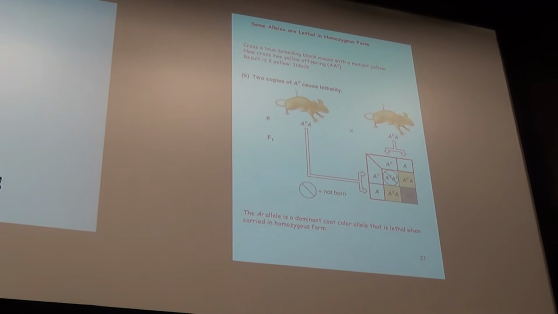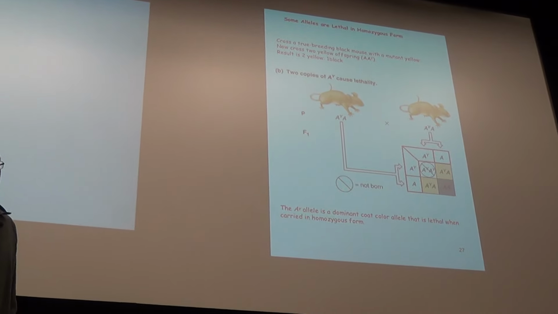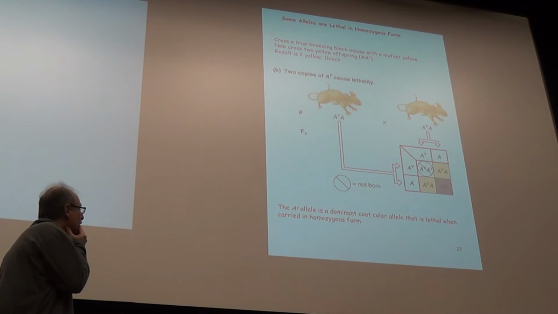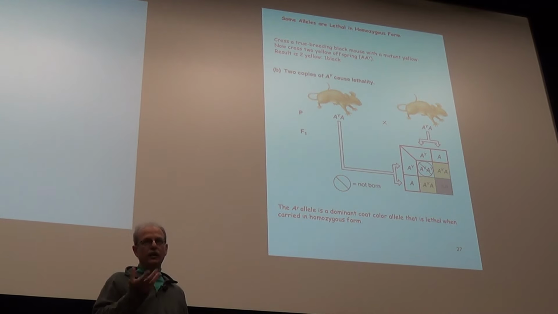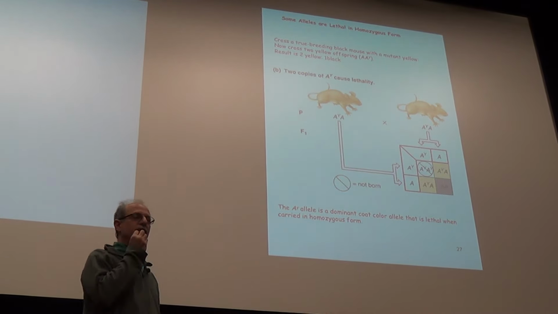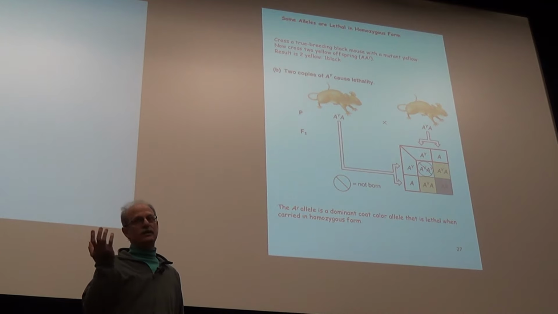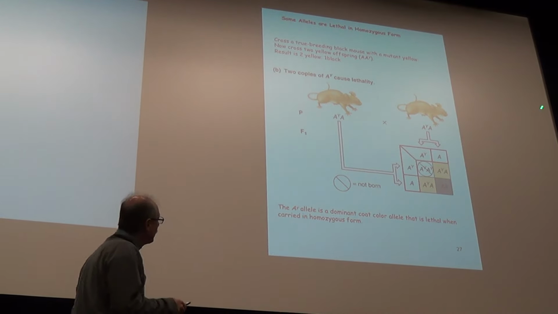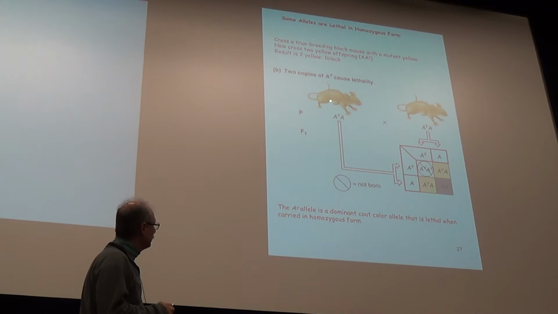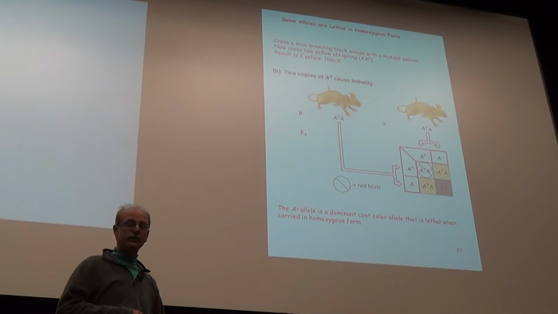Tuesday, we were talking about lethal genes or lethal alleles of a gene. If an allele in homozygous condition results in lethality, I showed you a couple of examples where you take a heterozygous individual with the mutant allele and cross it to another heterozygous individual with the mutant allele.